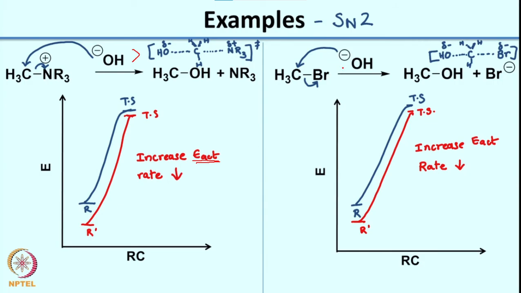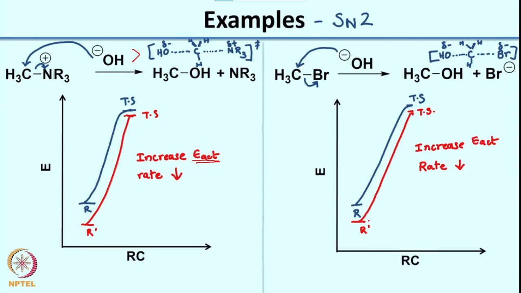So the polarity of the solvent will affect this depending on the reactant and the nucleophile also. Because the nucleophile is a charged species and the reactant is neutral, right? But the intermediate is a dispersed charge species, so it is less polar compared to this one. So the energy of the transition state will decrease very slightly compared to the reactant.